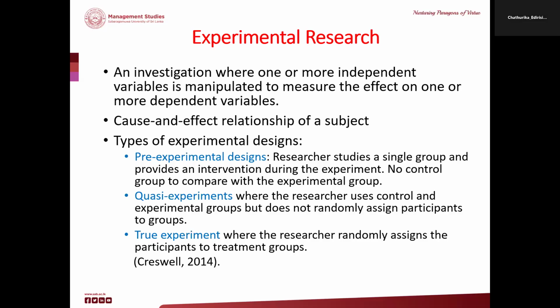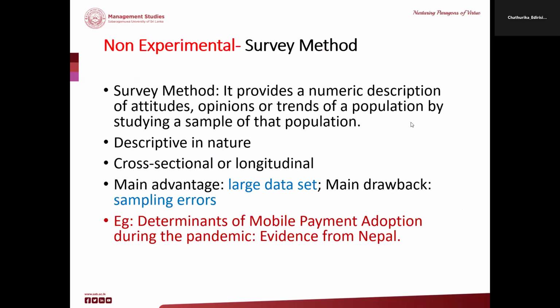So when it comes to non-experimental research, there are three types as well: the survey method, causal comparative research, and the third one is correlational design. As I stated, non-experimental research comes under the quantitative design broadly.